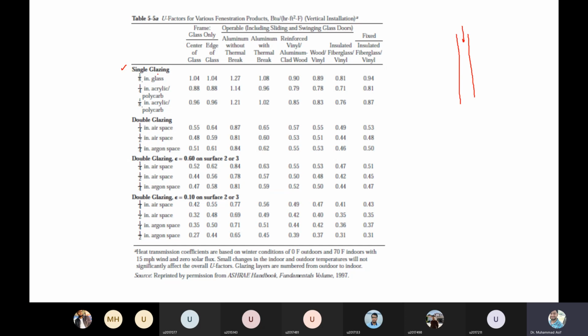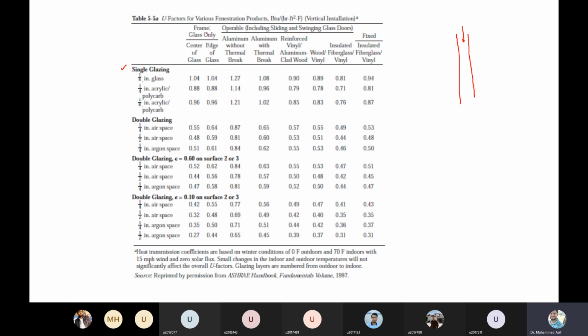As you can see in that table, let's say there is a single glazing and the thickness is, let's say, 1 by inch of the glass, then you can read the overall U factor, but at different conditions.